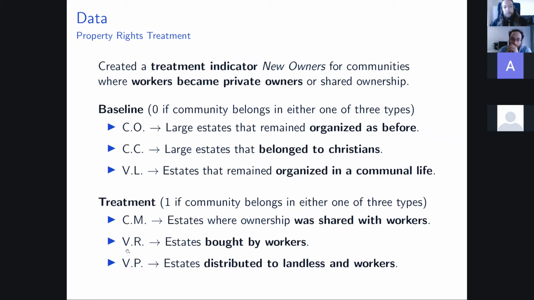So again, the R's and the P's stand for places that were either bought back or distributed by the state, or in places where owners actually had ownership with the bigger owners.